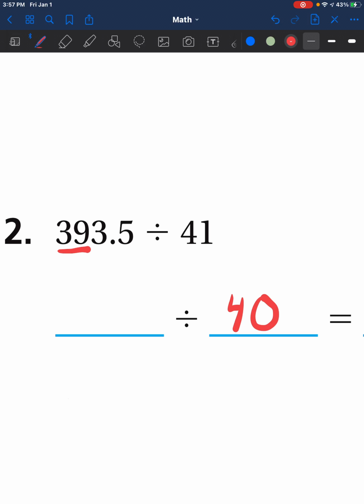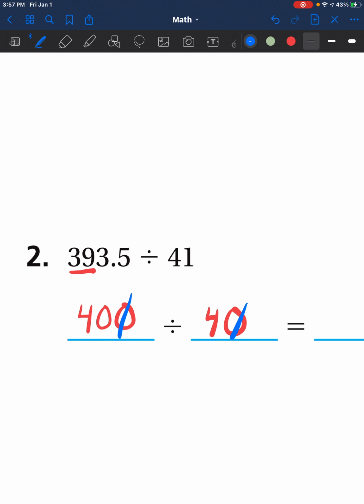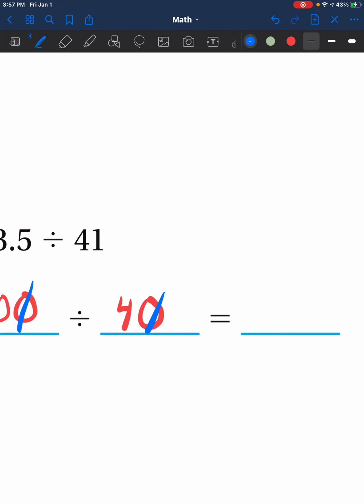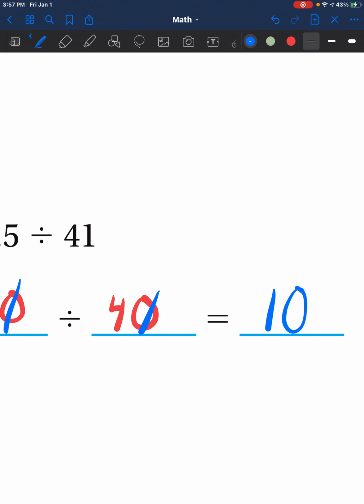That's too far off. 4 times 9 is 36. That's closer. 4 times 10 is 400, and that would definitely get me an easy compatible set of numbers because we would take 0 for a 0. 400 divided by 40 would give me 10.